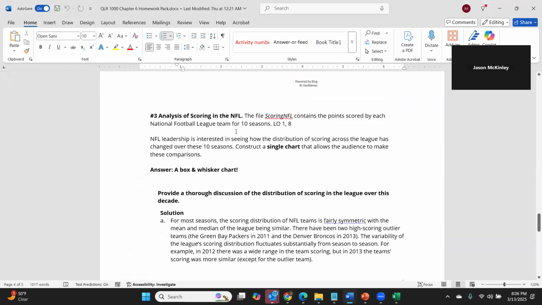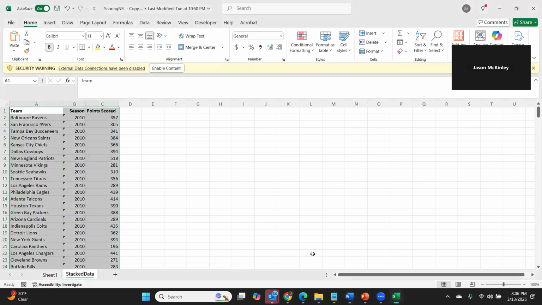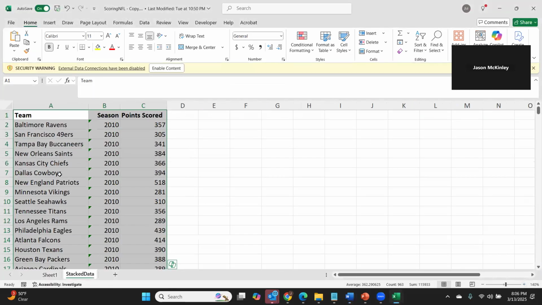And final question. So the scoring analysis in the NFL. Originally the assignment was to construct a single chart to allow the audience to make the comparison. So whenever you're given data that has categories such as this, let me zoom in for you a little bit, where you have a team and then a subcategory and then a quantitative attribute, usually I would go with a box whisker chart initially.